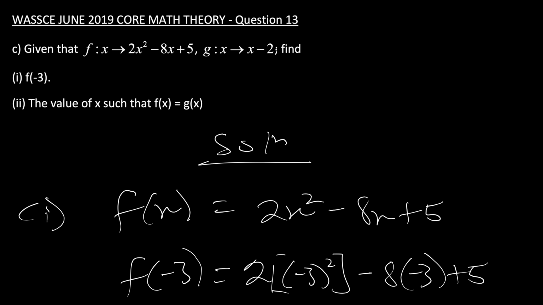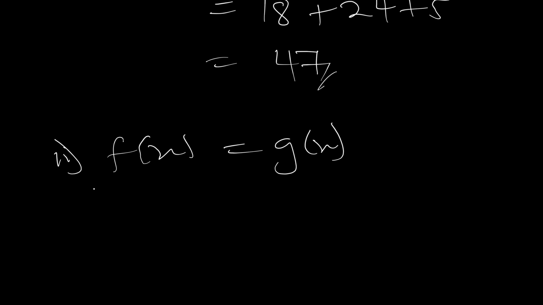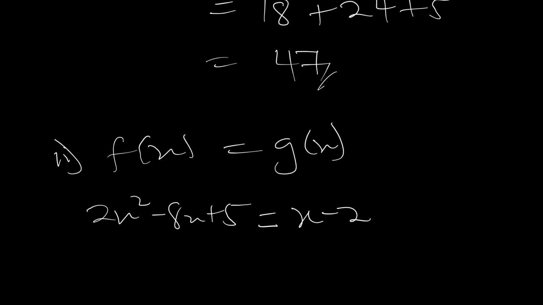We should find the values of x such that f(x) is equal to g(x). So we are saying that f(x) is equal to g(x). So f(x), 2x squared minus 8x plus 5, is equal to g(x), x minus 2.